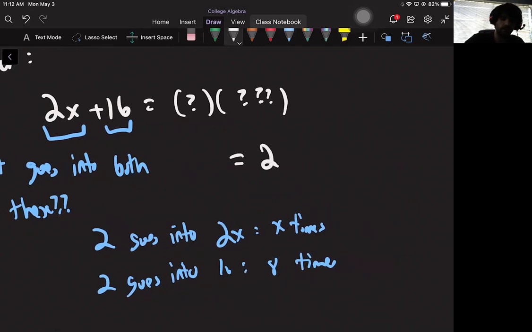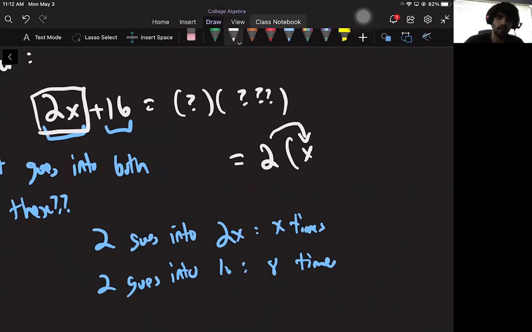You take out the 2, you're undoing the distributive property. So a 2 times x should get me back to this 2x. And it does, right? 2 times x is 2x. And a 2 times 8 should get me back to that 16. And it does. So this is the factorization.